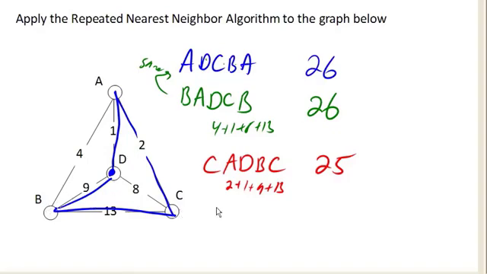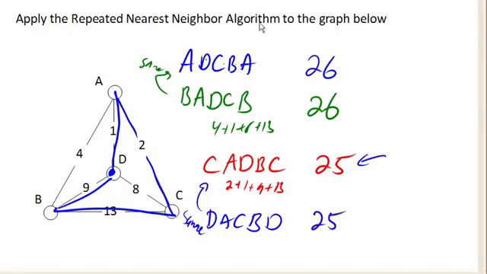We certainly could write it as D, A, C, B, D, but it's the same circuit, so it's going to have the same cost. So of the circuits that we found using the nearest neighbor algorithm starting at each of the individual vertices, 25 is the cheapest cost. And so this is our winning circuit.